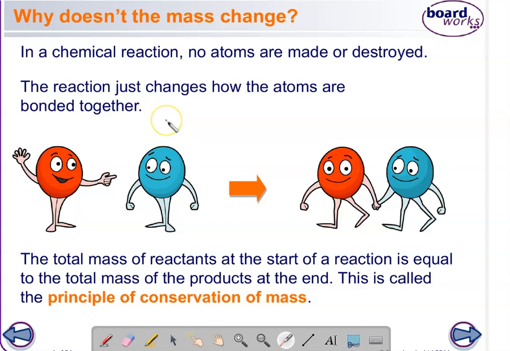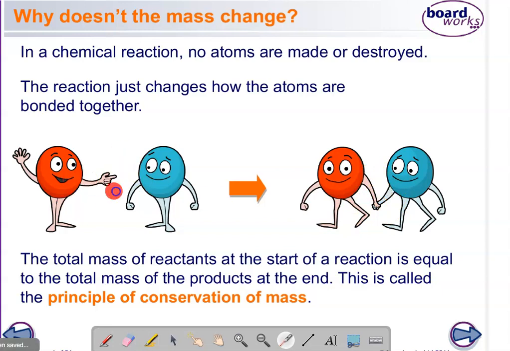What really happens in the reaction is that there is just a rearrangement of the atoms in bonding. So if we take these two guys here, let's say they are our reactants, and we react them together, we are going to have the same guys in the product. The only difference is that they have been arranged differently from where they were.